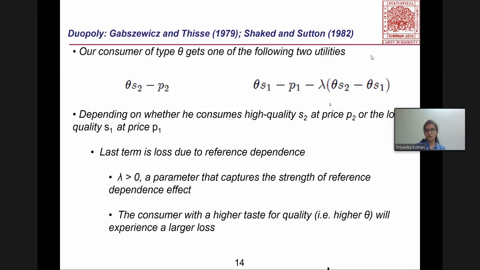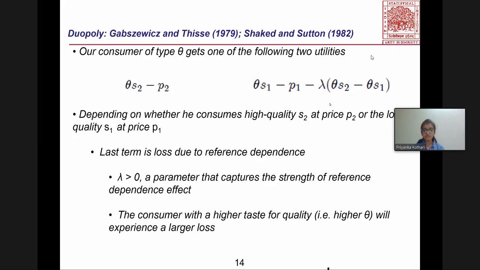Theta S1 is the utility he derives from consuming the lower quality product, and P1 is the price. Lambda captures the strength of reference dependence. S2 minus S1 is the quality differential between the two products, which gives the loss. If I am more sensitive to quality changes, then I experience a larger loss for the same quality differential.